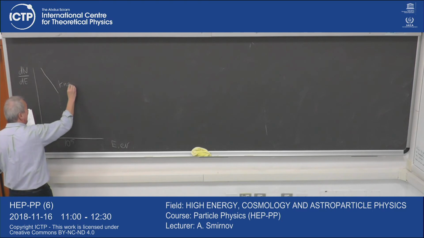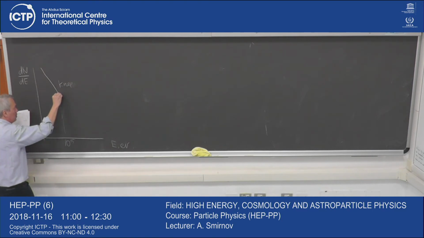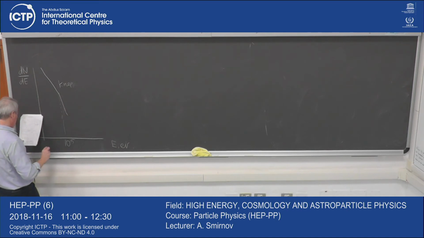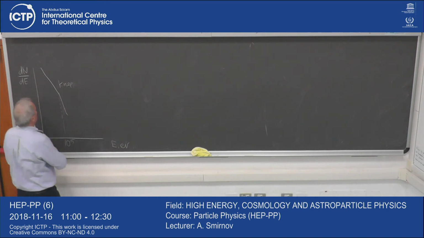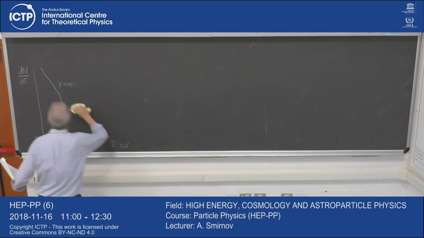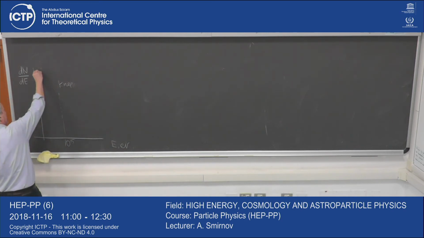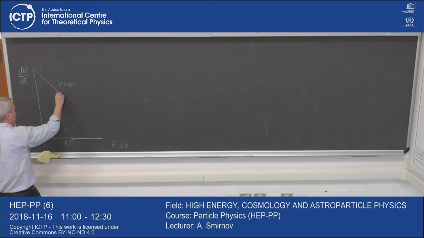So this power becomes bigger. Then at energy around 10 to the 18, maybe I should change the slopes everywhere. So it's like this. Then it's sharper.